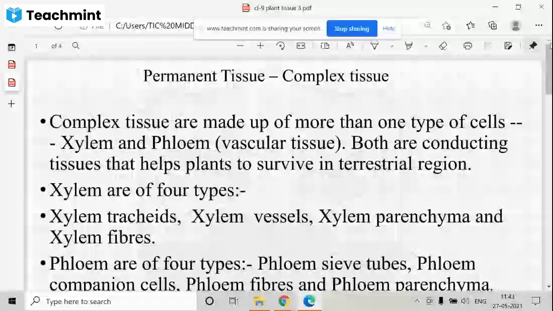So we have discussed meristematic tissues, simple permanent tissues, and complex permanent tissues. Clear? All these have different divisions, and we have discussed those in detail.